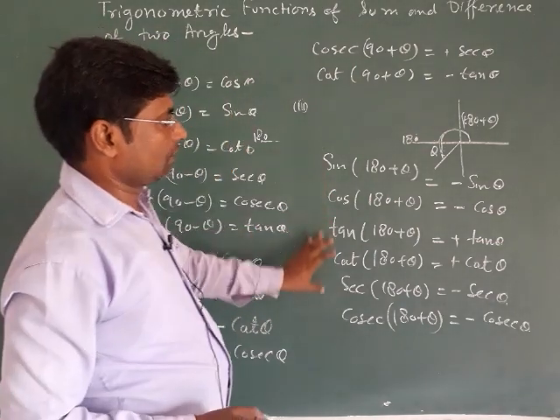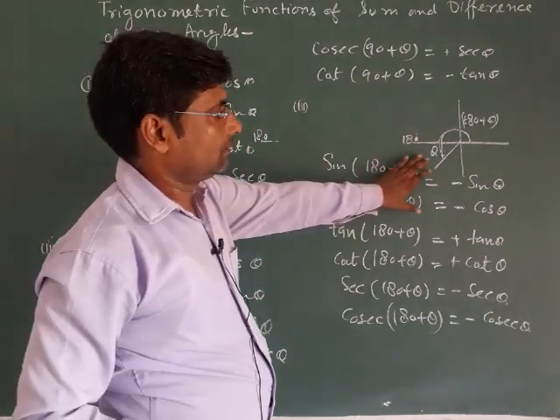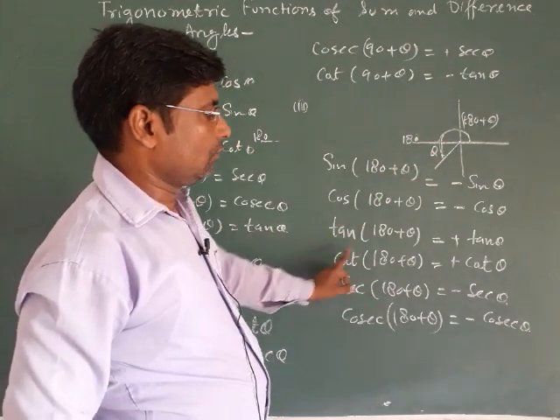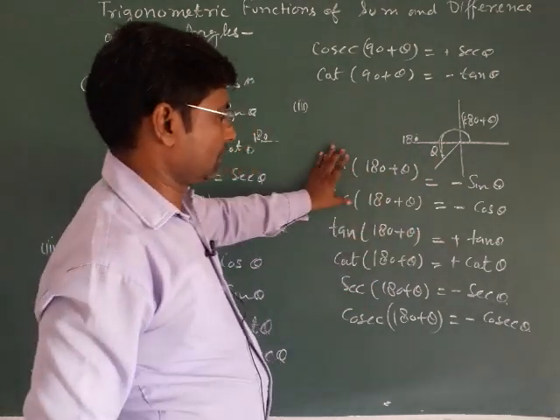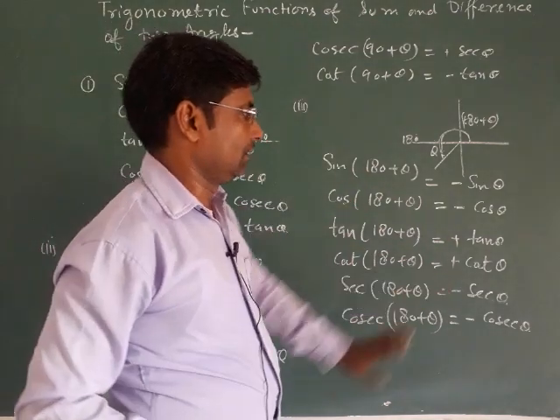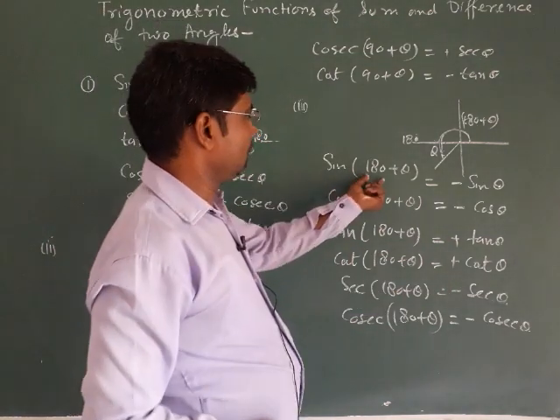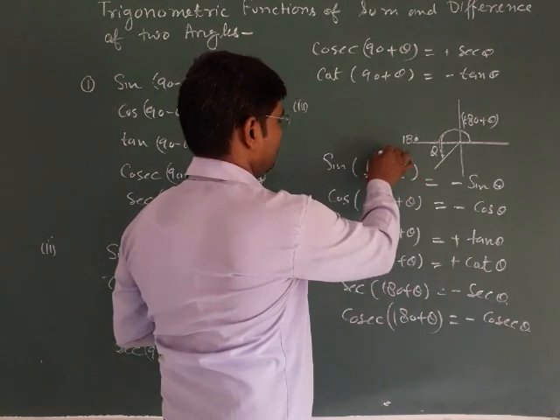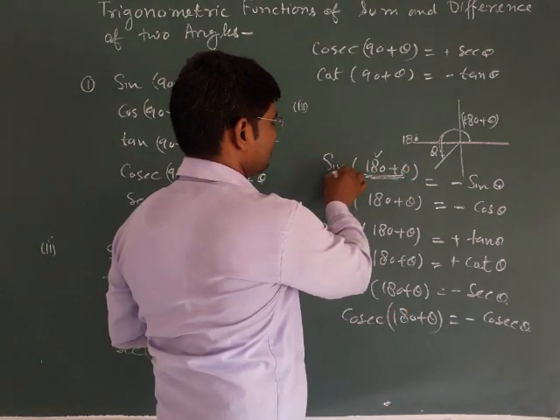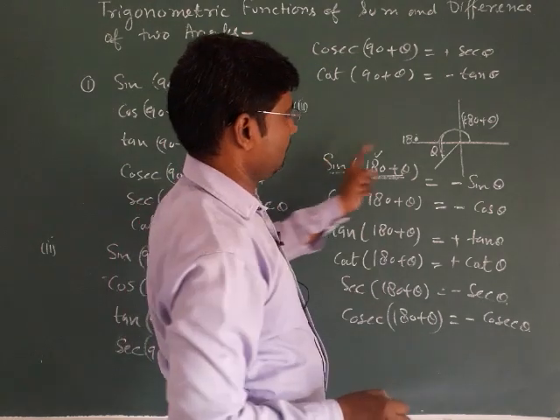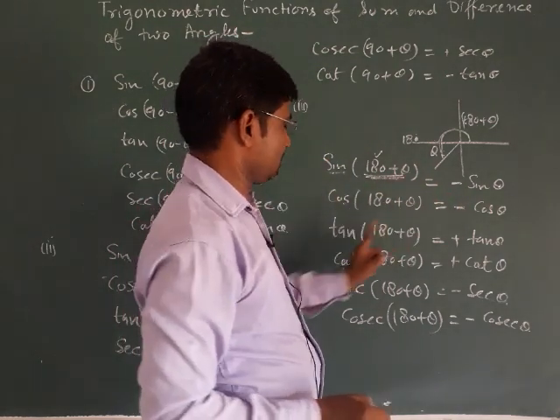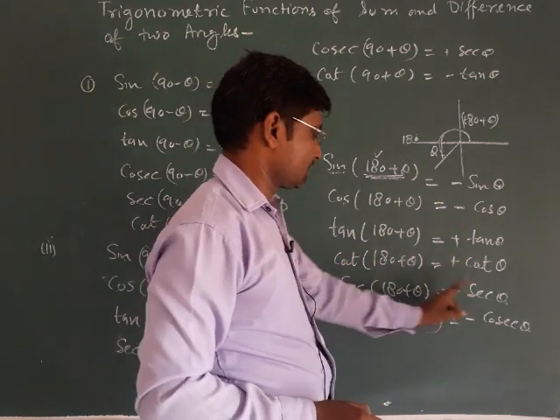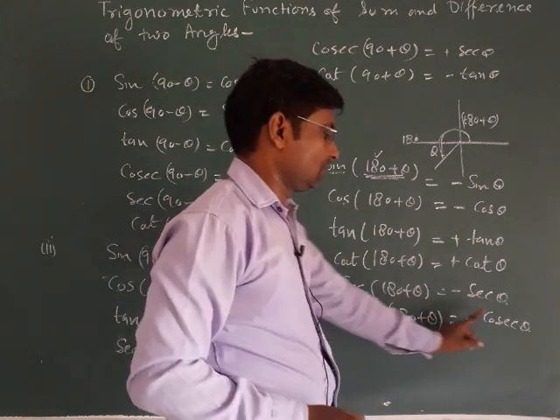In the third quadrant, tan and cot are positive and the others negative. So for 180 plus something, there is no change in the ratio: sine, cos, tan, cot, sec, and cosec.